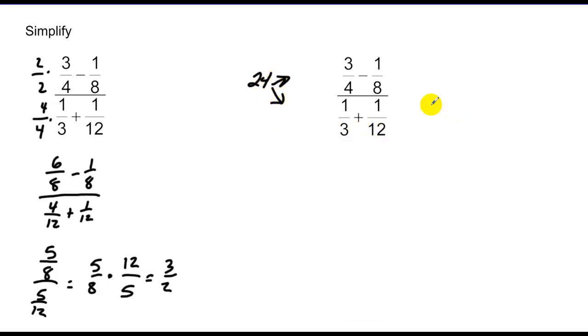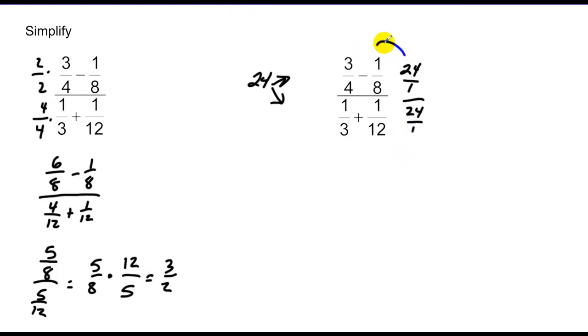In that case, what I do is I multiply by a form of 1 to both the numerator and denominator. So in this case, that's 24 over 24. And so to not confuse people, I usually do this: 24 over 1 and 24 over 1. Now I'm multiplying each term by a form of 1, so everything should be okay.